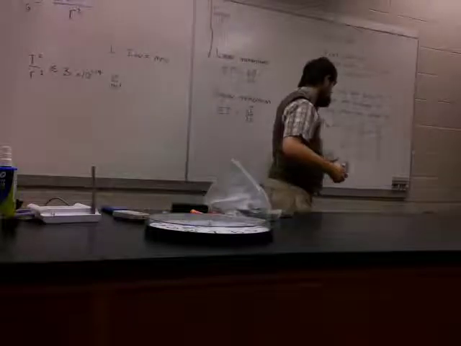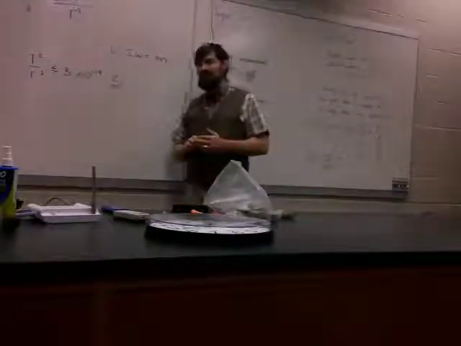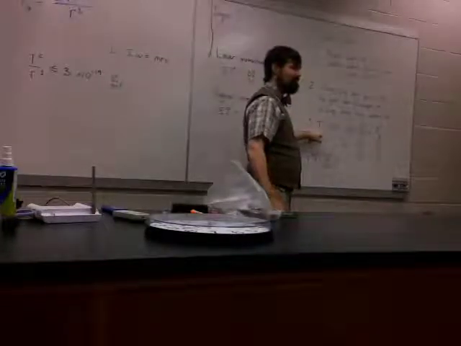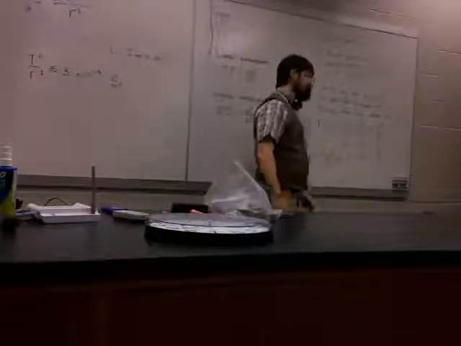All right, so the 4 pi squared over gm is basically your proportionality constant for Kepler's third law here. So we don't need to necessarily say it's a proportionality, we can say it is an equality.